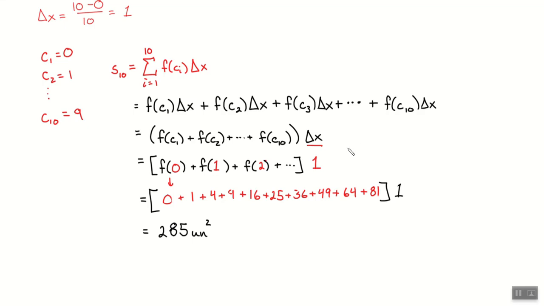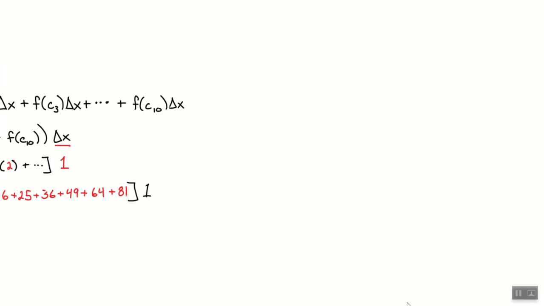What I want us to do is not a problem that I have in here, but I want you, as best you can, to roughly sketch the sum for n equals, let's do it more reasonable, let's say 4 subintervals.